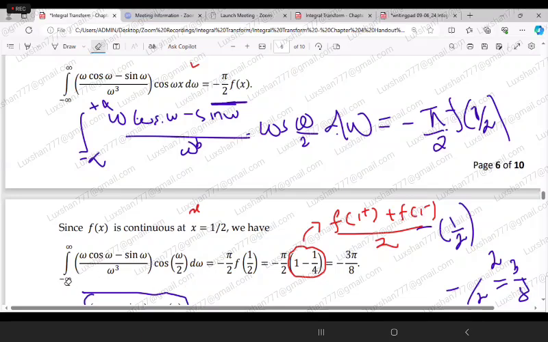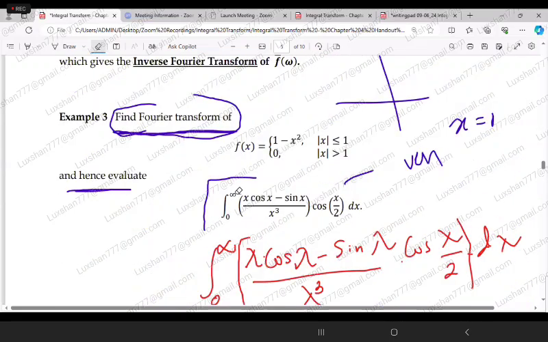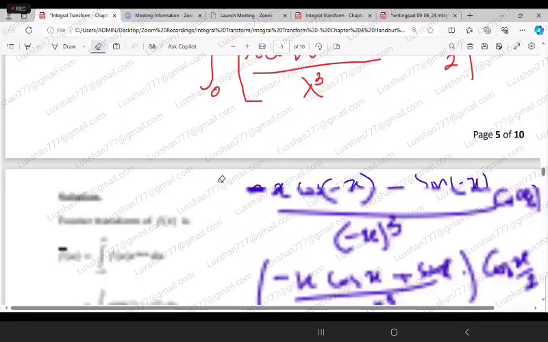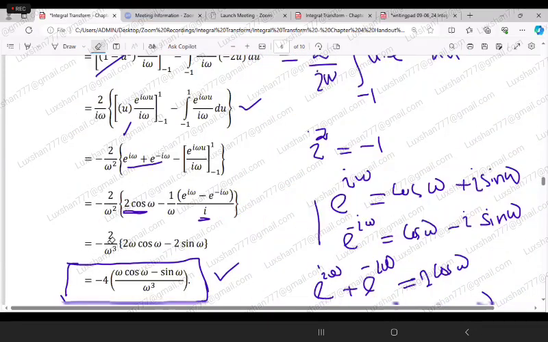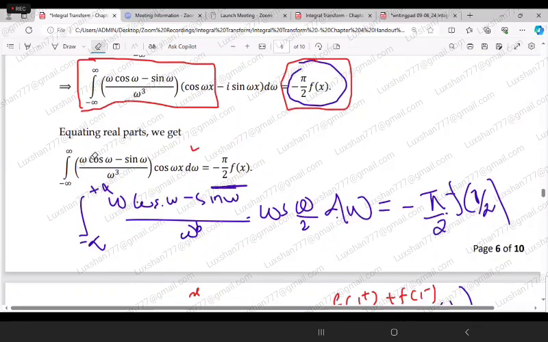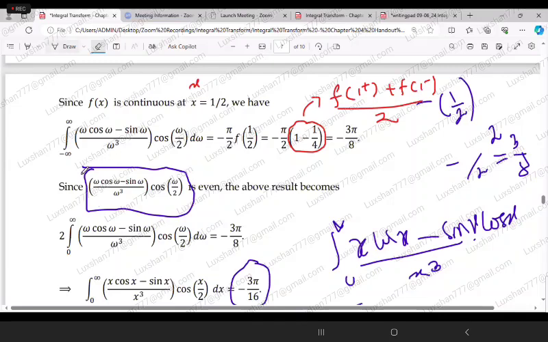Therefore, I am getting minus infinity to plus infinity, this one. But if you look at the integration they are asking, it is 0 to infinity. So how to convert my limit to 0 to infinity? Originally I have minus infinity to plus infinity. But fortunately, this is an even function.